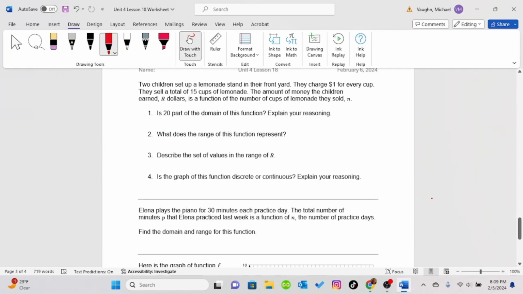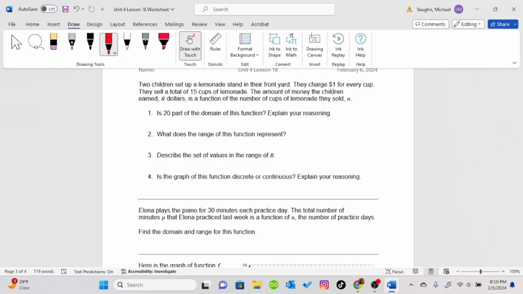Two children set up a lemonade stand in their front yard. They charge $1 for every cup. They sell a total of 15 cups of lemonade. The amount of money the children earned, R dollars, is a function of the number of cups of lemonade they sold, N. Number 1. Is 20 part of the domain of this function? Explain your reasoning.